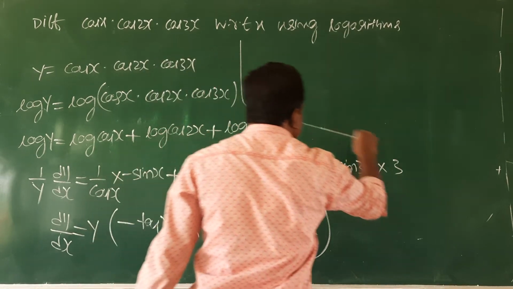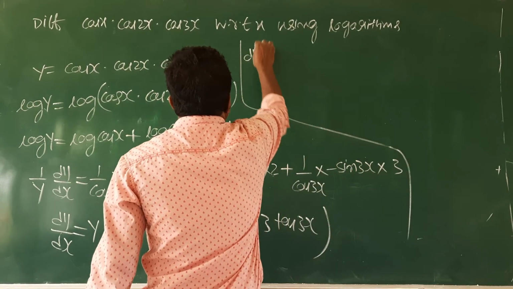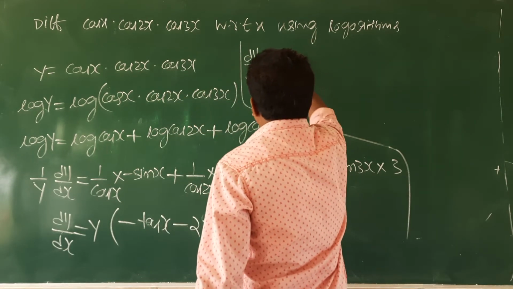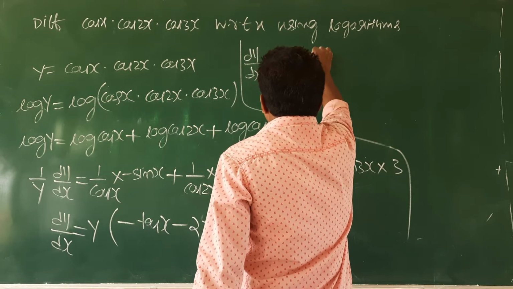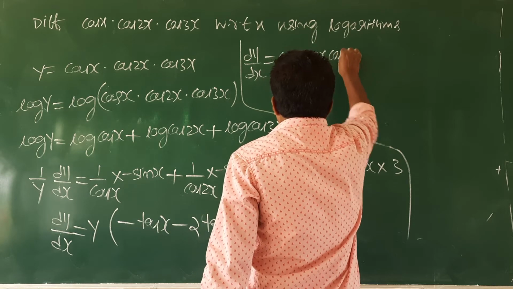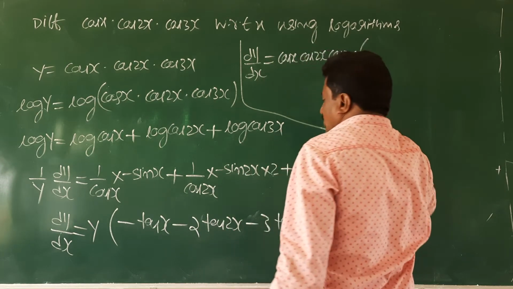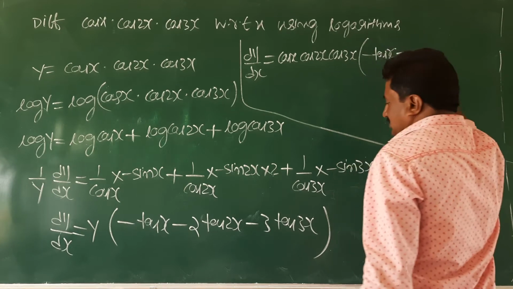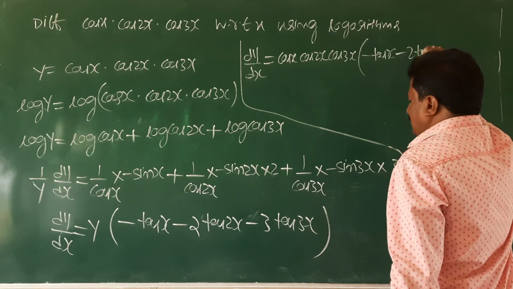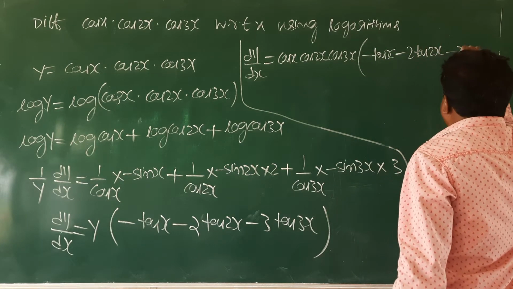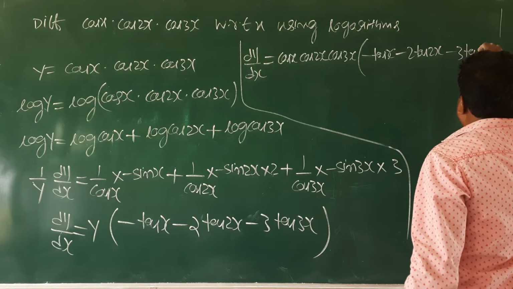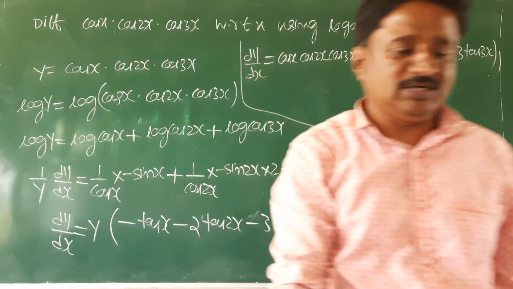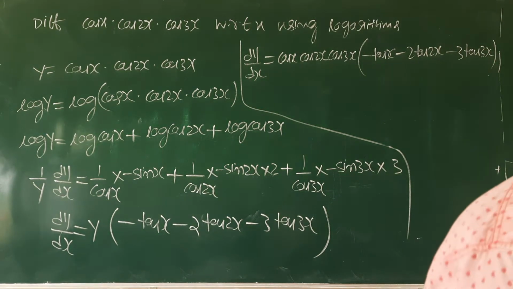What is y? Cos x into cos 2x into cos 3x. So dy by dx is cos x cos 2x cos 3x into minus tan x minus 2 tan 2x minus 3 tan 3x. This is the required dy by dx, students.